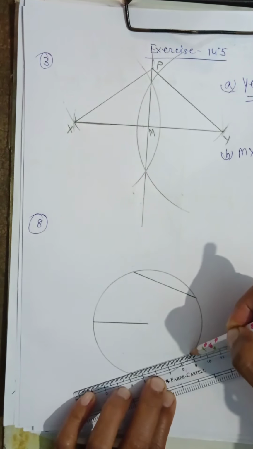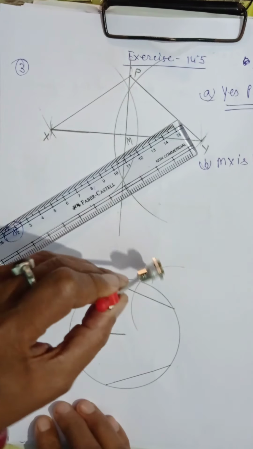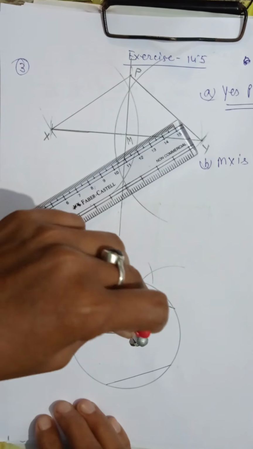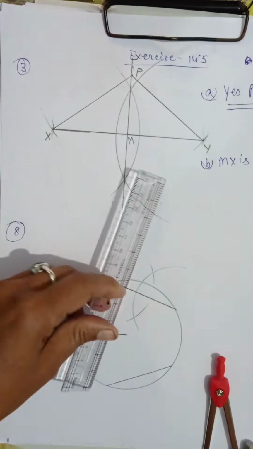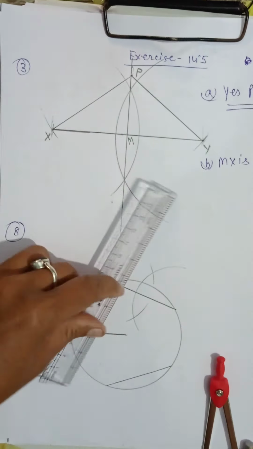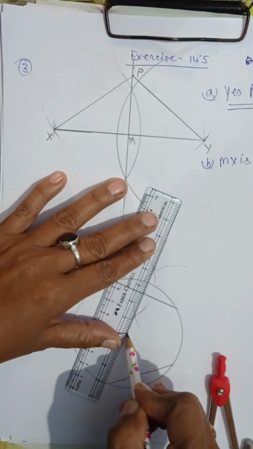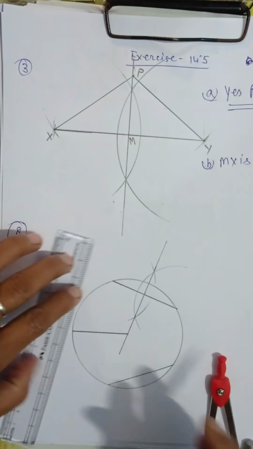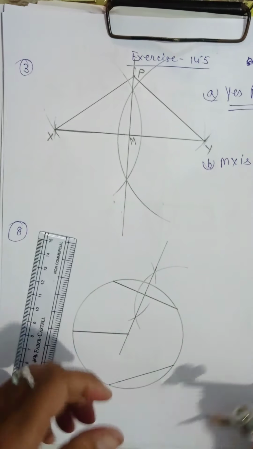I will repeat the same from the other point. Yes, done. Now I will join it. First you check the point of intersection. Yes, got. Yes, extend it. Yes, it passes through the center. The first one we have seen.